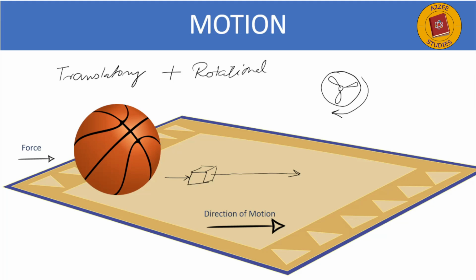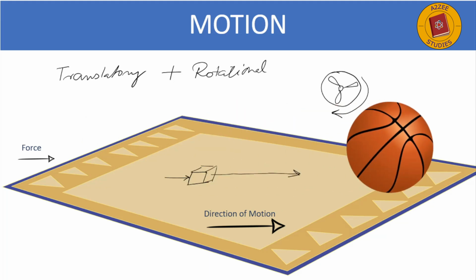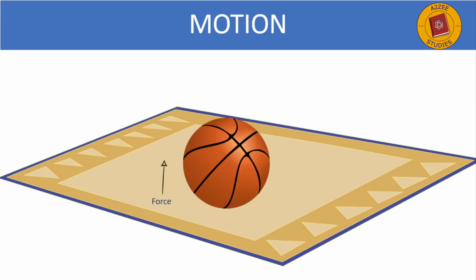The best example of translatory plus rotational motion will be if we roll a ball on the floor. We will see that this is rotational motion.